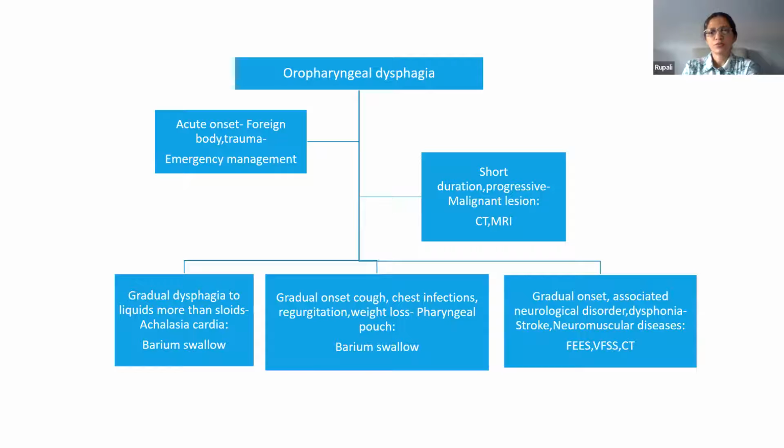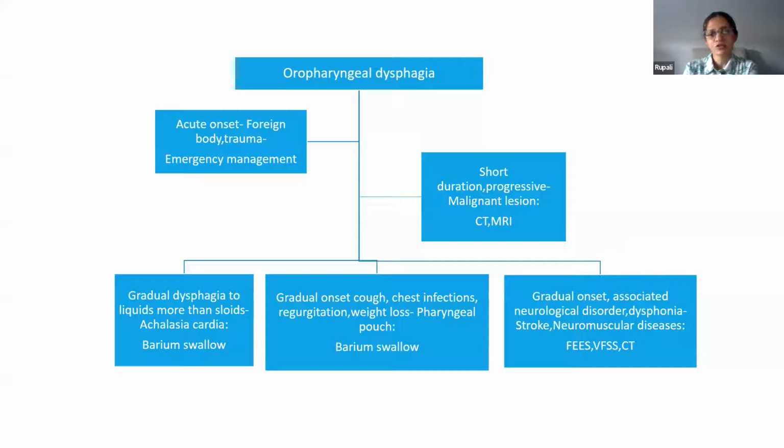So this is just a brief differential diagnosis depending on onset of dysphagia. If there is any acute onset, then we have to suspect foreign body trauma and emergency management is required. With shorter duration and progressive symptoms, we suspect malignancy and cross-sectional imaging is required.